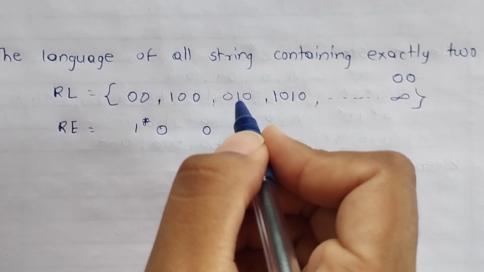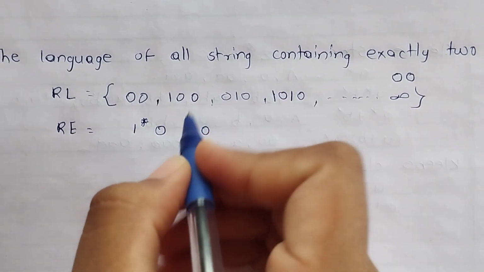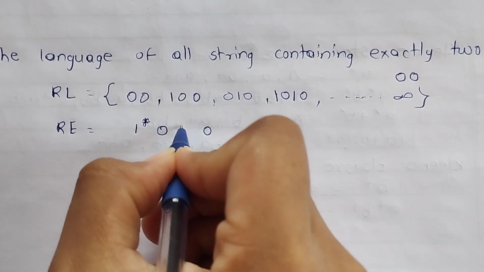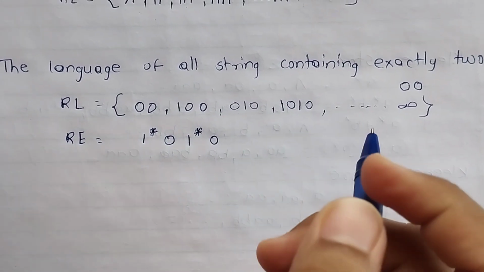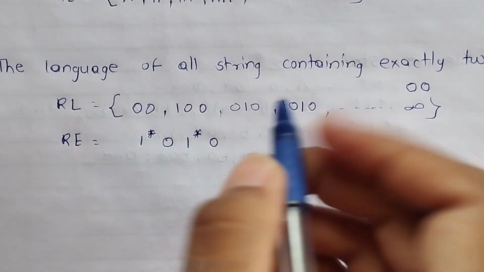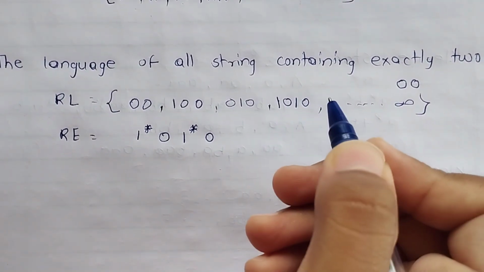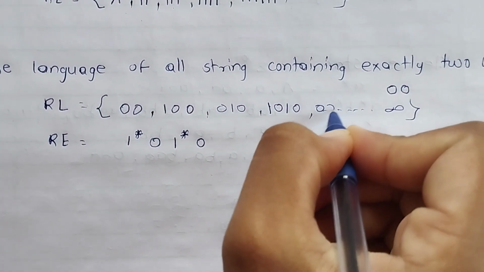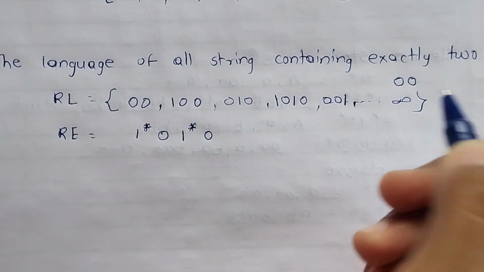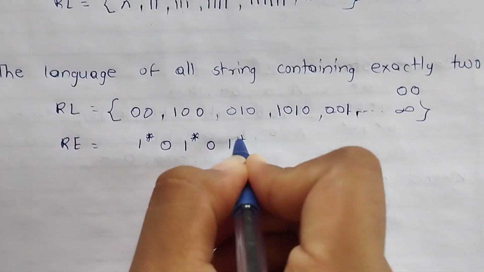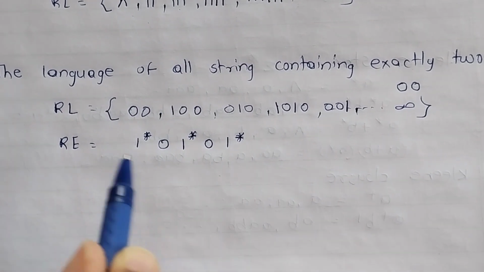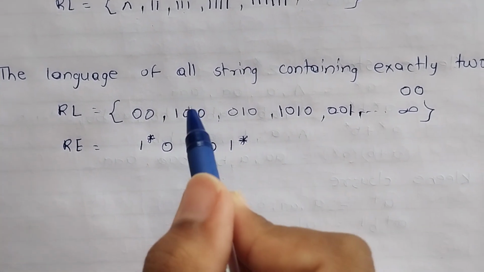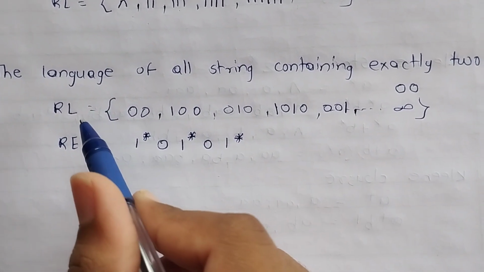The second possibility is that 1 can come in the middle of the 2 zeros, so we write 1 star here. Now the possibility is that 1 comes after the 2 zeros, or we say 001. This is also a possibility, so 1 star.